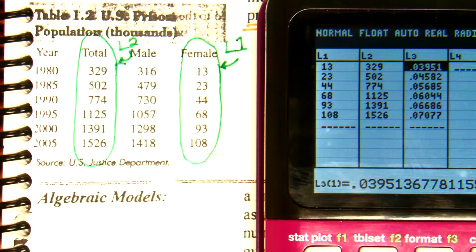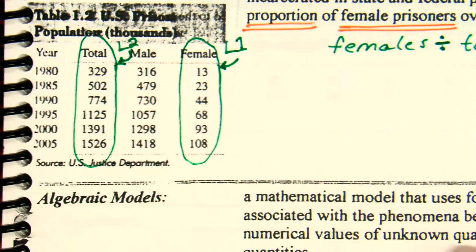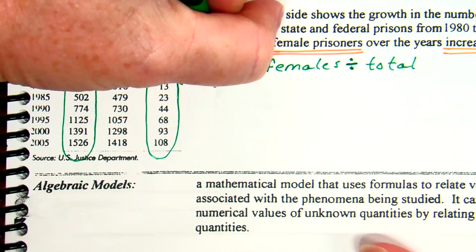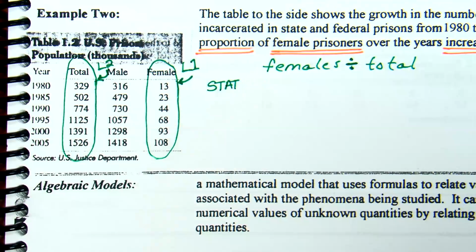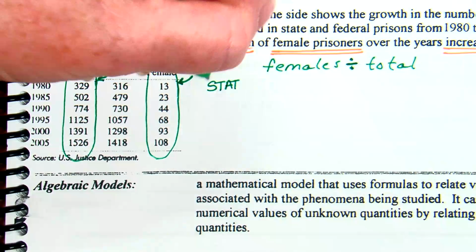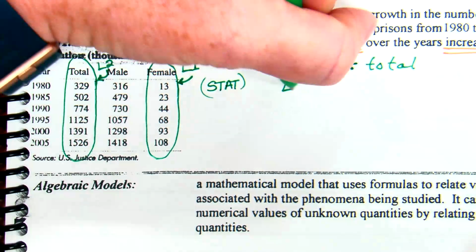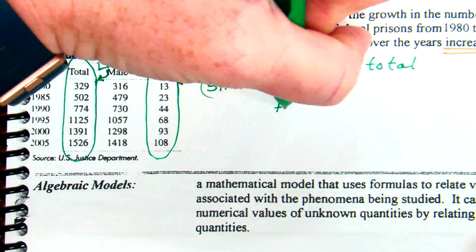Now, if you want a reminder, we went into stat to do that. Okay. So if you want a reminder, this is in stat. It's the list is what it is. And then in L1, we put the females.